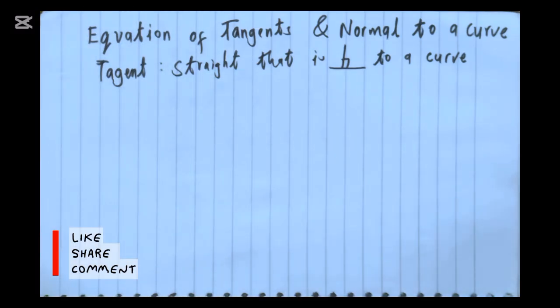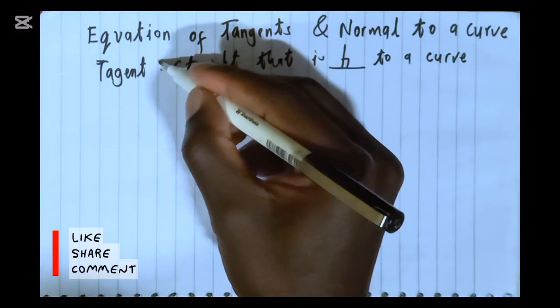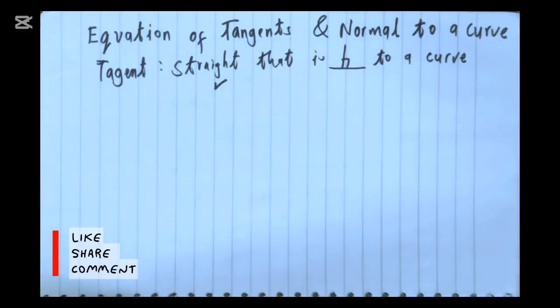Any line that is perpendicular to a point in a curve. One thing I want us to note here is that the gradient of the tangent is usually the gradient of the curve at that particular point of intersection.